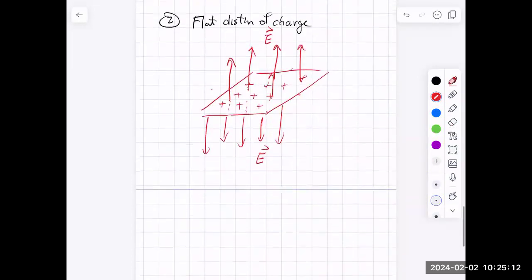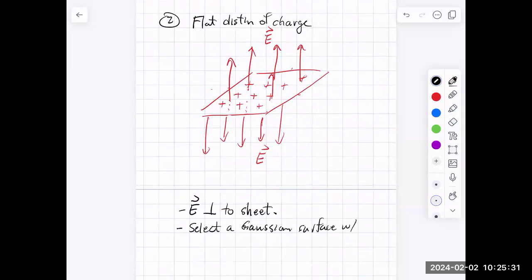Okay, so what we could say is E is perpendicular to our sheet. And what we're going to do is we're going to select a Gaussian surface with flat top and bottom.